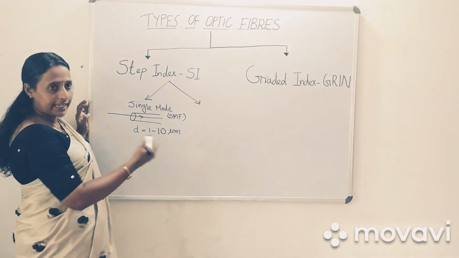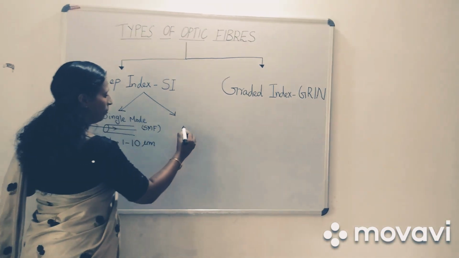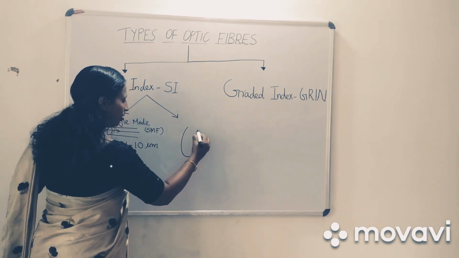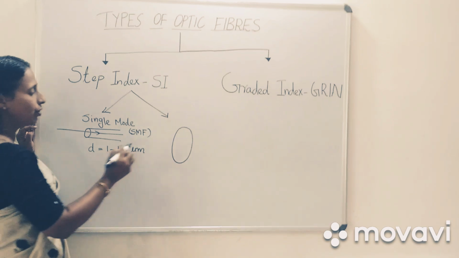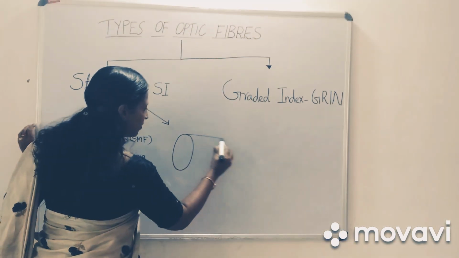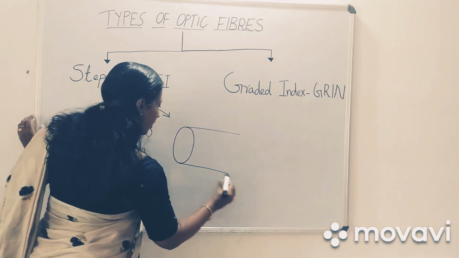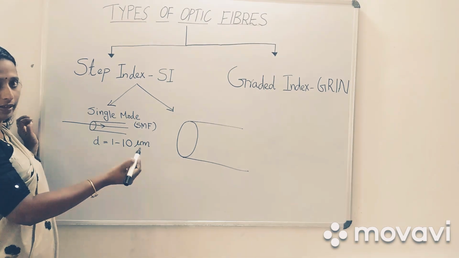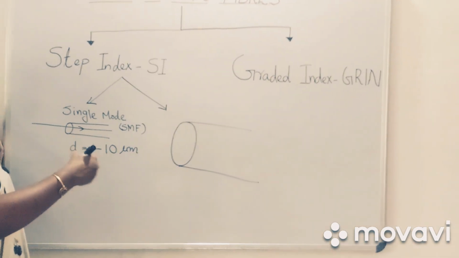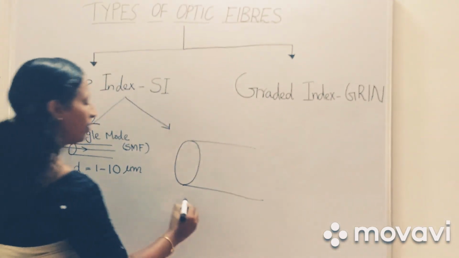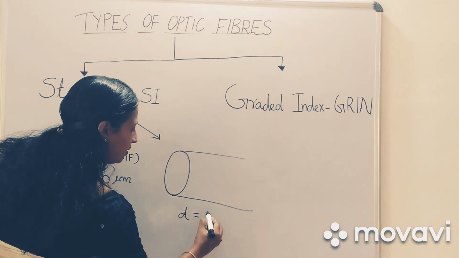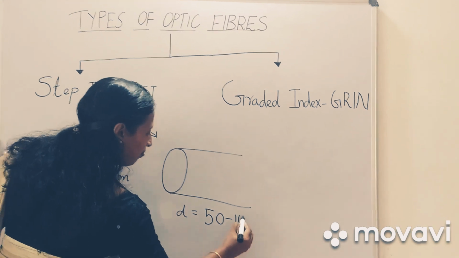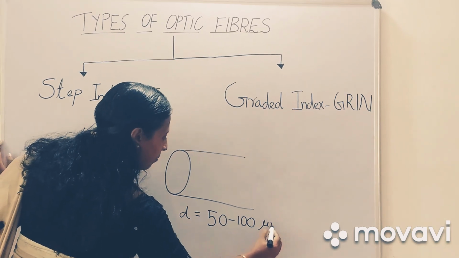Then we can see the second category of step index fiber. Here the core is large. In order to send more data, bulk data, we are using a large sized core. The typical diameter of this is in the range 50 to 100 micrometer.